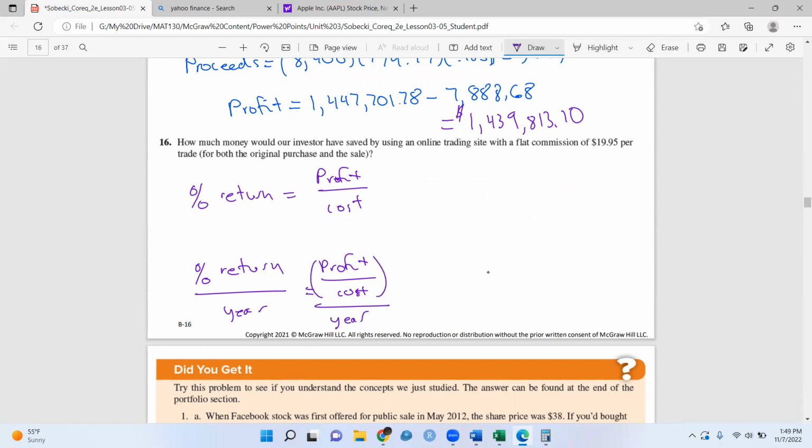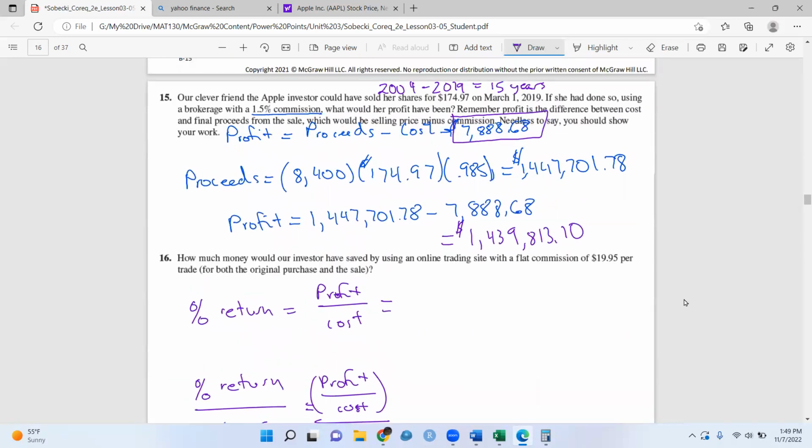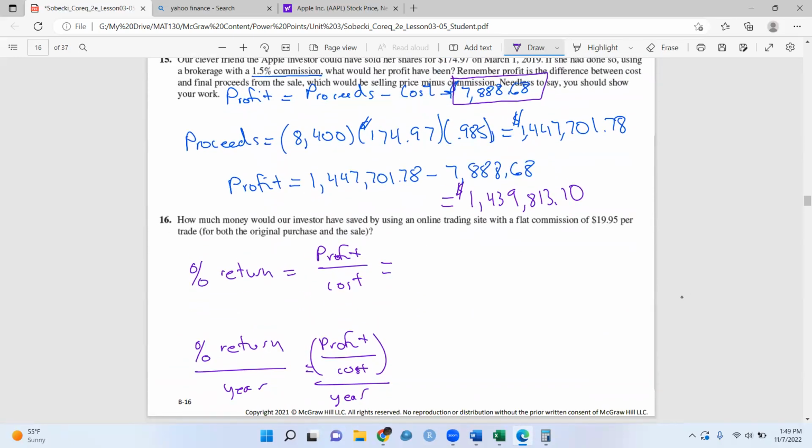Usually it's nice to calculate each of these one at a time. So let's get the percent return. This might blow your minds. We're going to take the profit, $1,439,813.10, and divide that by the $7,888.68. And this is the percent profit.